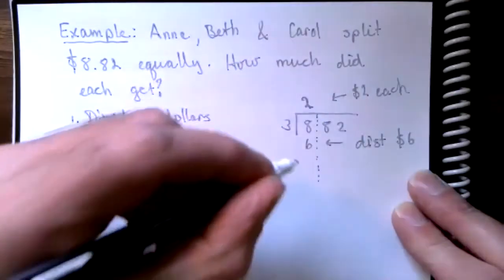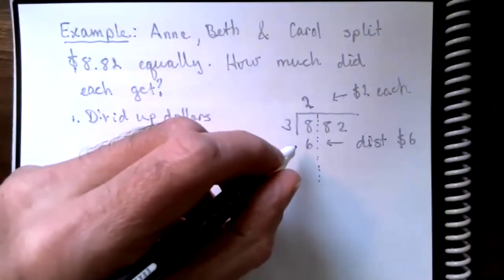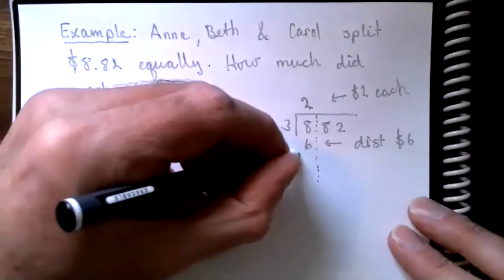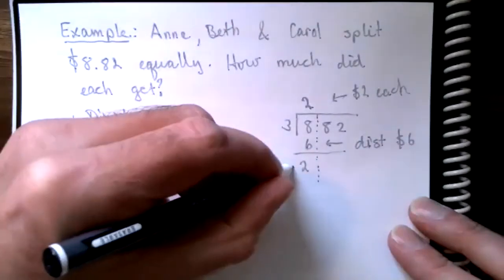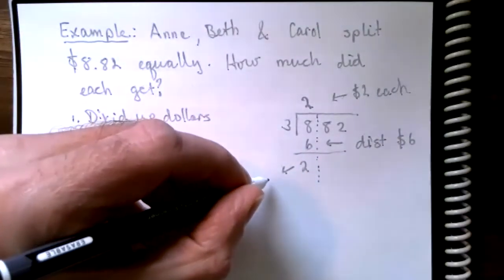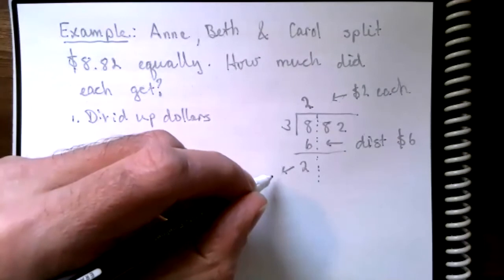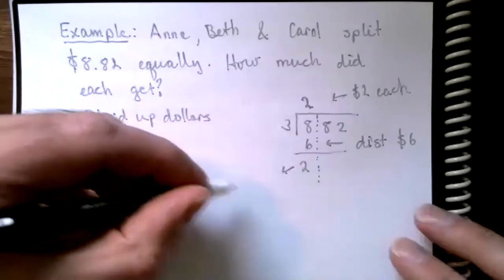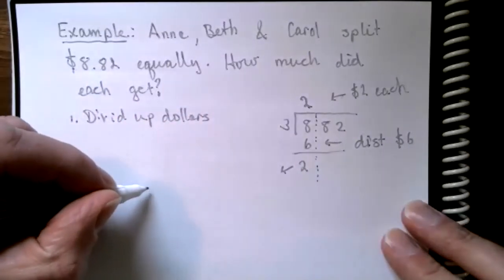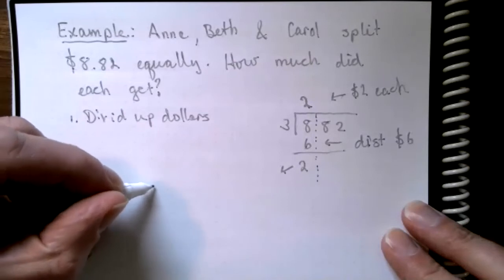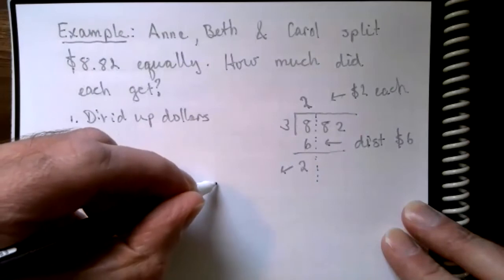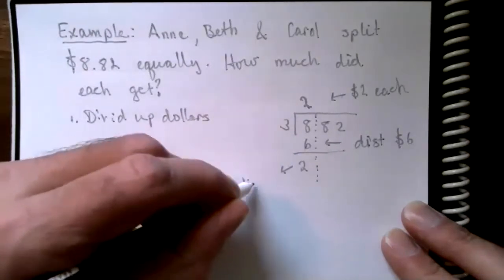I've distributed $6. Now here's what I have to do. I have $2 left. Now the question is, I can't divide $2 among 3 people if I still have dollar bills. What I need to do is take my $2 and turn it into 20 dimes.